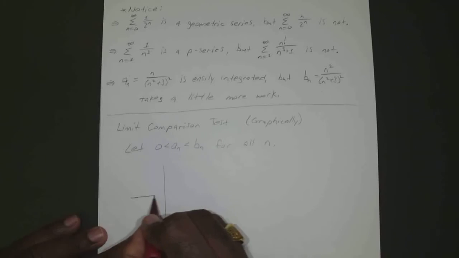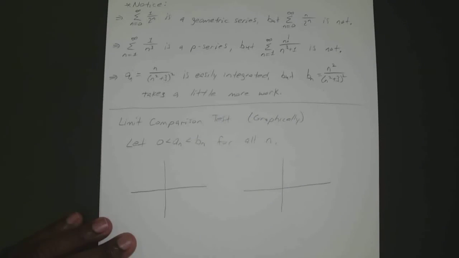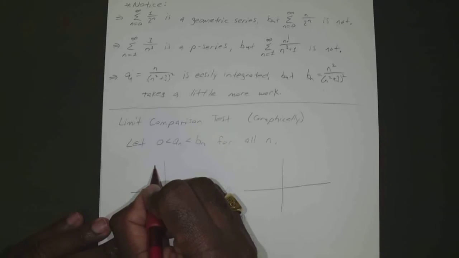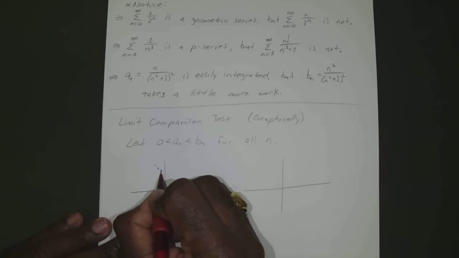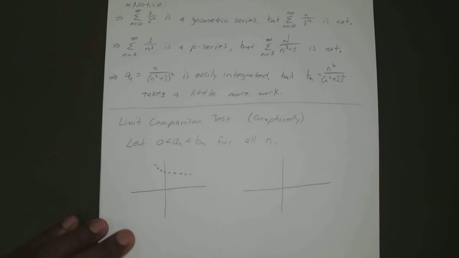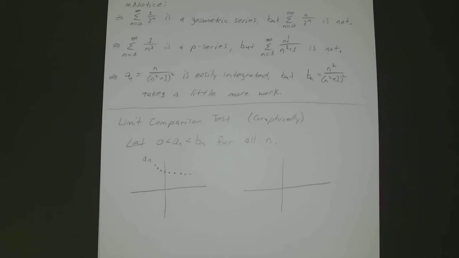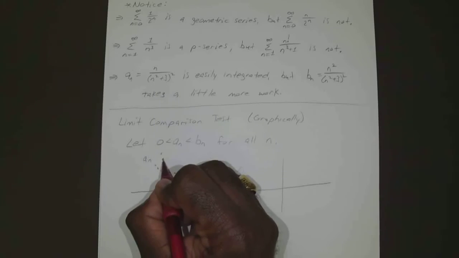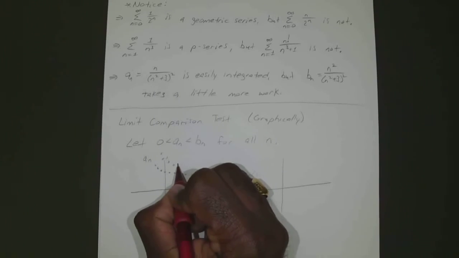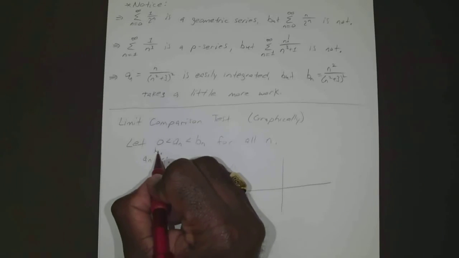Okay, so we'll start off with two of our graphs. Now let's say this is our a sub n, and let's say these series of points, that's our b sub n.